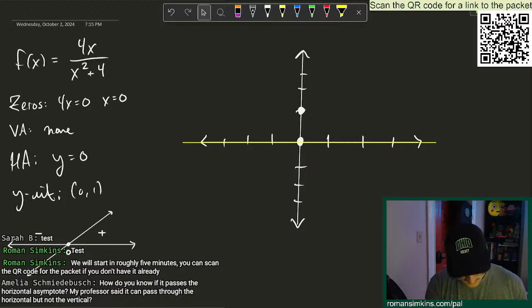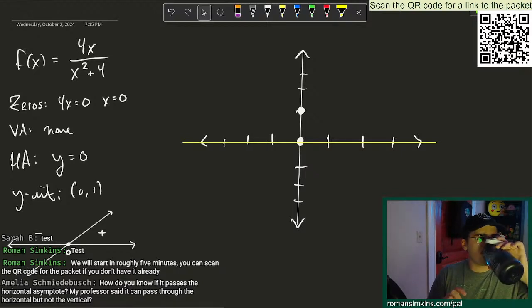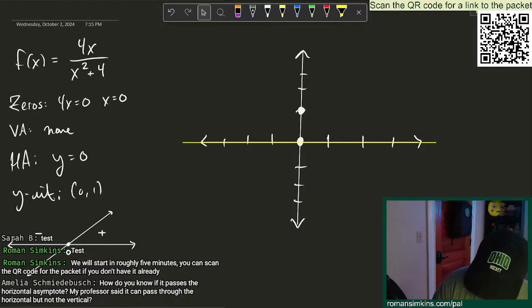Well, hold on. Did I get the calculation of my y-intercept wrong? Because something feels incorrect here. Oh, yeah, sorry. I did get it wrong. Quick correction. The y-intercept is also going to be 0.